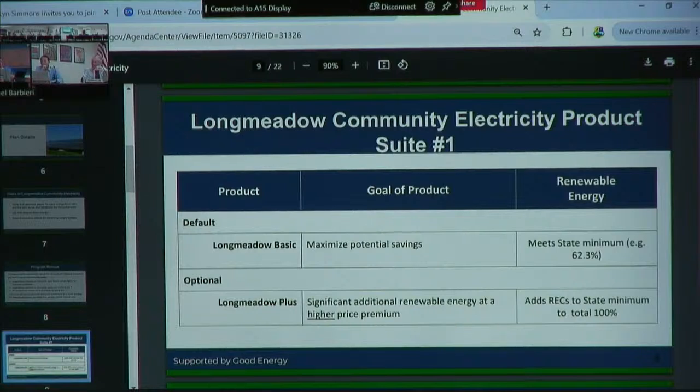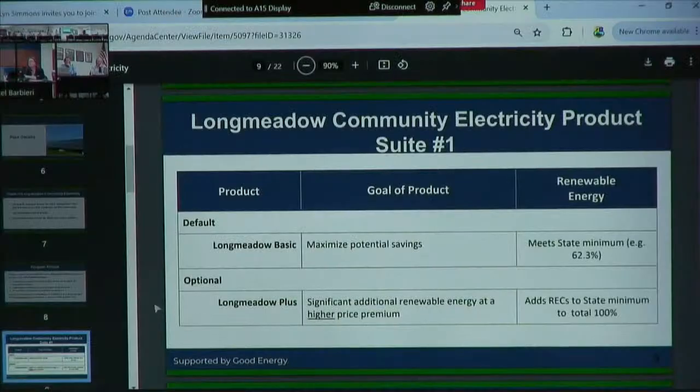And so, if it was up to me, I'd go with the state requirement as a basic, something in between, and the optional 100%. But lacking that, if people want to go to 2, I think what we've got there is a basic of meet state minimum, and the optional of 100% is the way to do it.